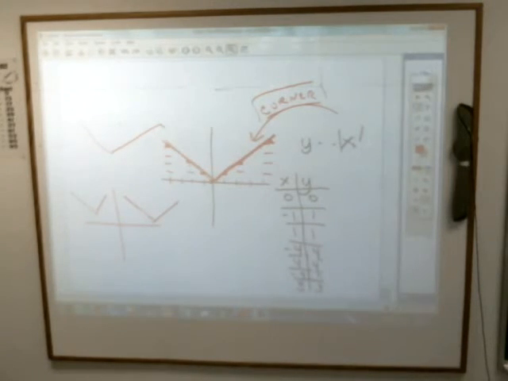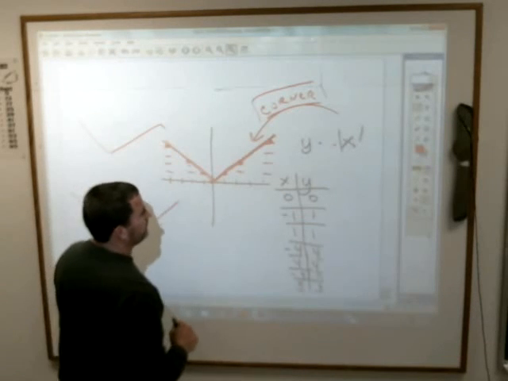Nuzo, you have something to say? Take a look in your books on page 182, 183. So those are the four or 3. Is that 4 or 3?